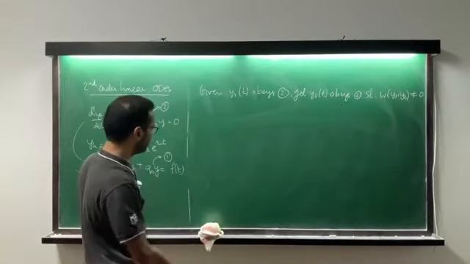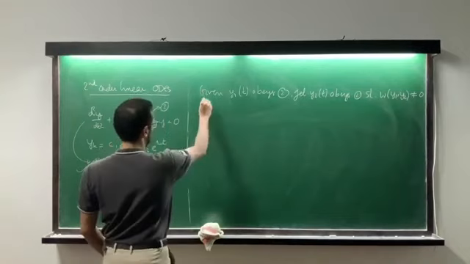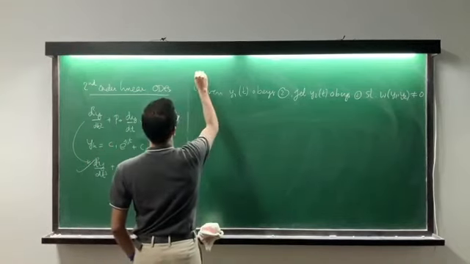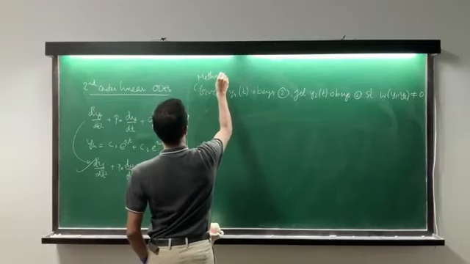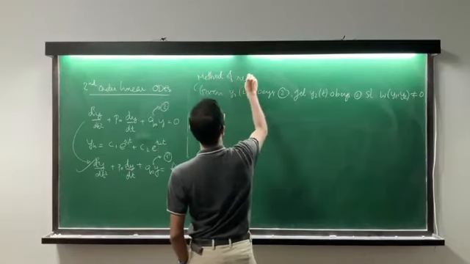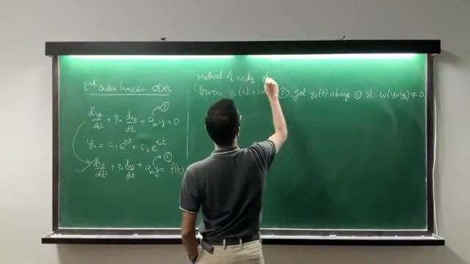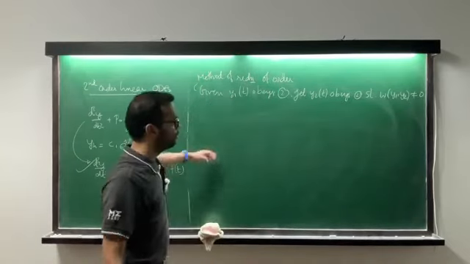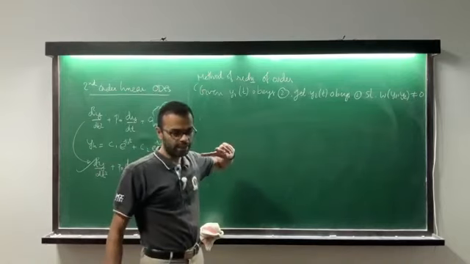Good. So if this is done, we use this technique called the method of reduction of order. It's basically the same as what we did to get yp from yh.